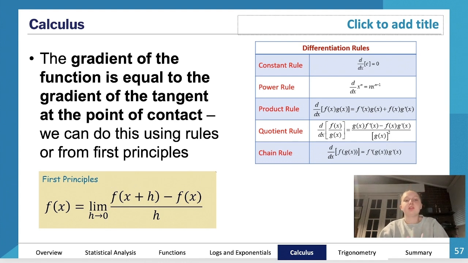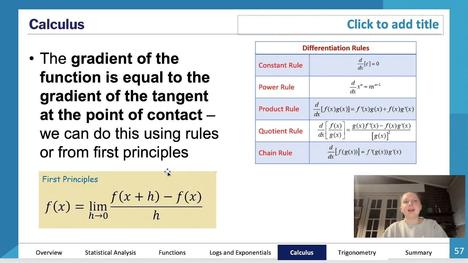With first principles, I wouldn't stress too much about actually memorizing this formula. Typically, if a question comes up on first principles, you will be given the formula at the beginning of the question. So I wouldn't stress too much about remembering it.